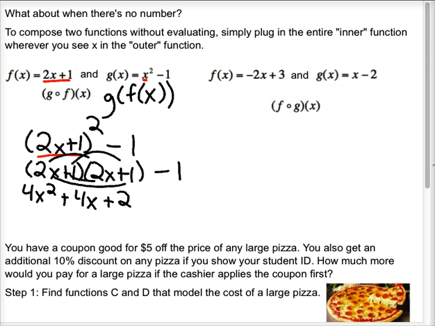Oh, not plus 2, plus 1. And then we still have that minus 1 at the end. 1 minus 1, well, that's just going to cancel off in the end. So really all we have is 4x squared plus 4x.